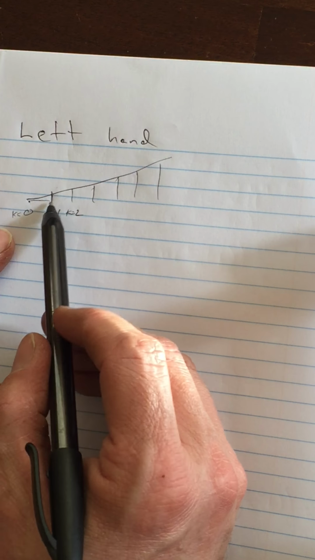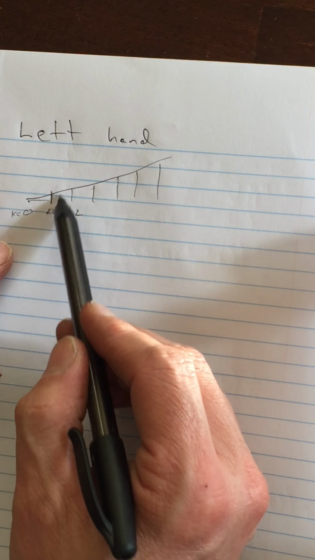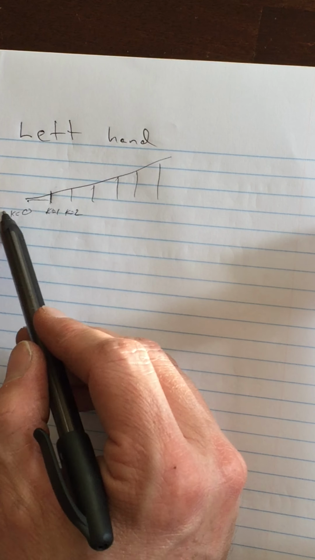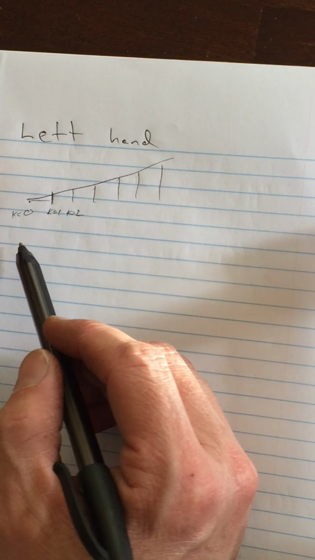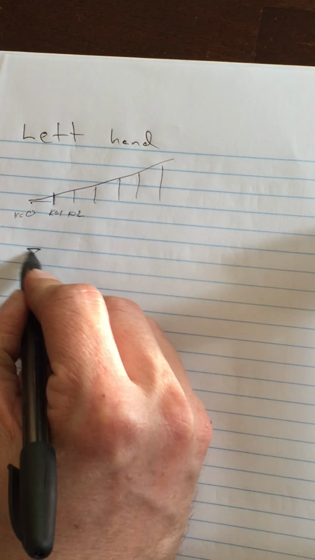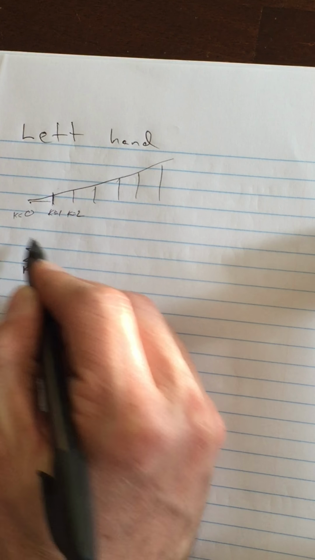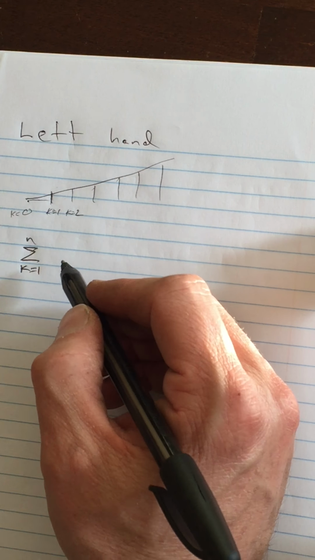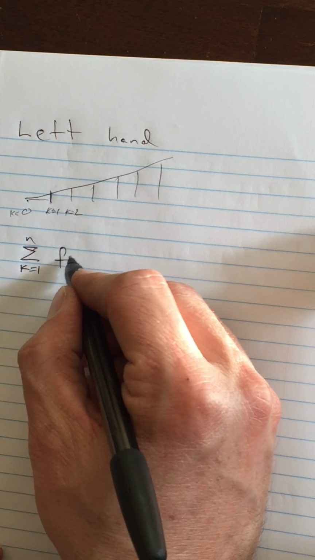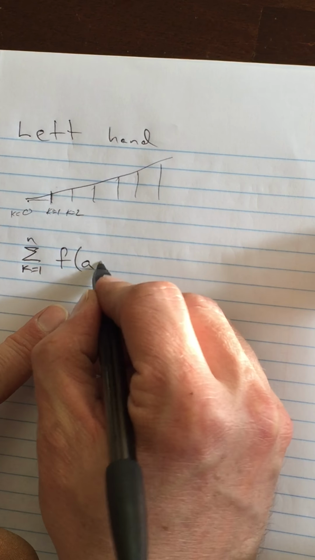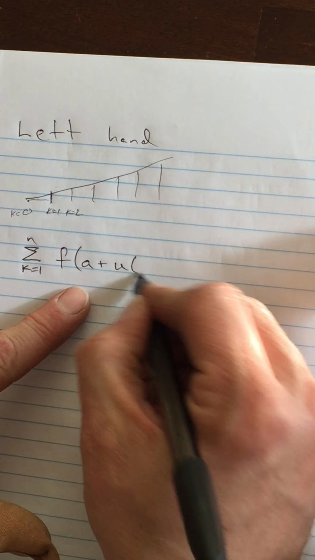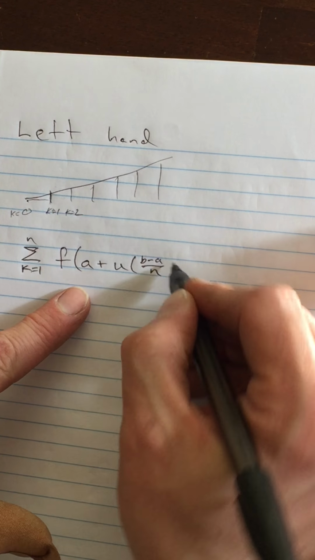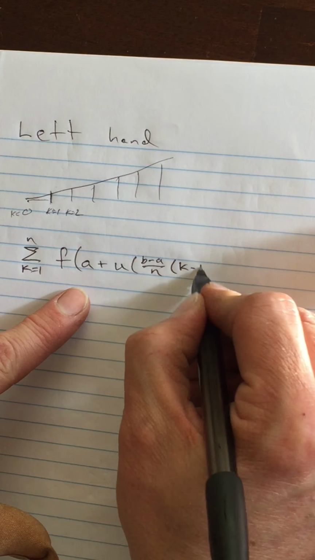All the ones we did on the last one were right-hand ones because we start at k equals 1. Instead, we're still going to start with k equals 1 on the sigma notation, still going from k equals 1 to n. But when we go to do our function, we're going to have a plus b minus a over n times k minus 1.